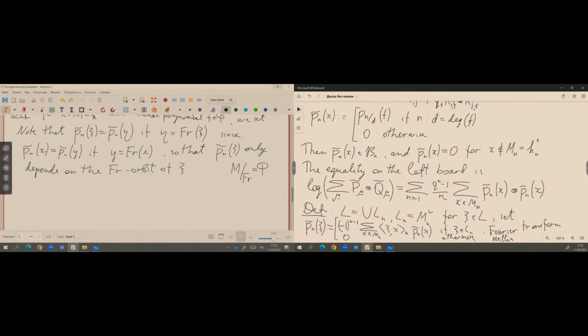And dually, now I'm going to consider the Frobenius orbits in L, and they will govern the characters. So L, modulo Frobenius, will be denoted capital theta. So just the set of Frobenius orbits in L. And again, some notations, bookkeeping.